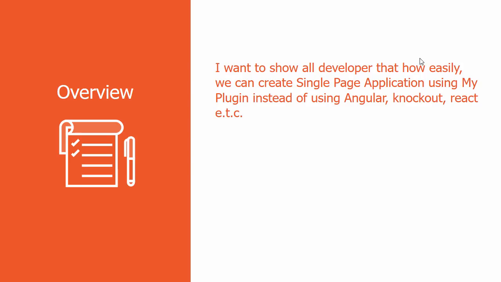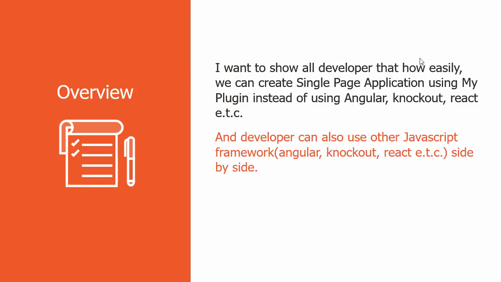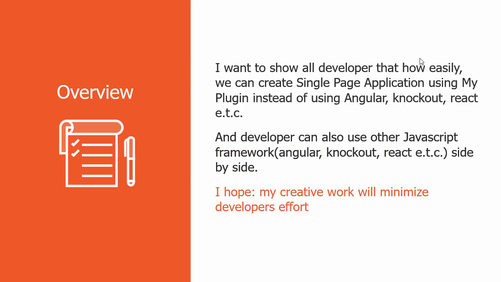I want to show all developers how easily we can create a single page application using my plugin instead of using a JavaScript framework. And developers can also use other JavaScript frameworks side by side. I hope my creative work will minimize developers' effort.